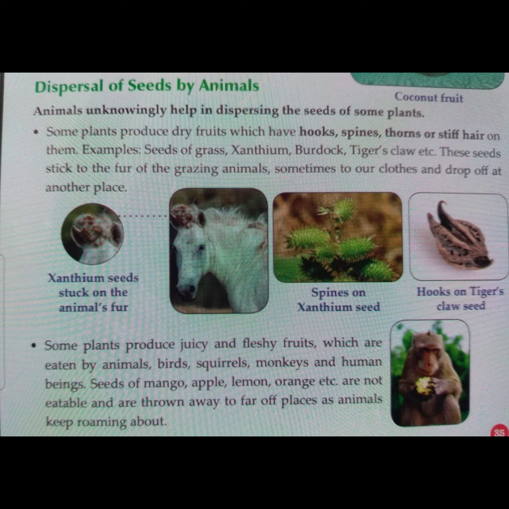These are eatable fruits. Once we eat the fruit, we throw away the seeds to far away places, as animals also do the same thing. And one more thing, animals keep on roaming. They take the fruit and go away from one place to another place, and they will disperse the seeds from the fruits.